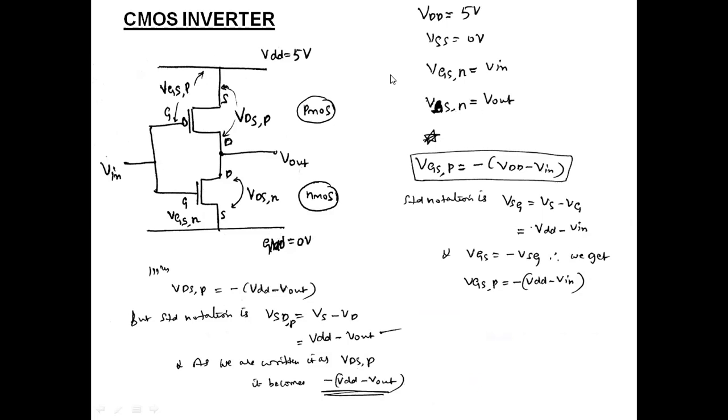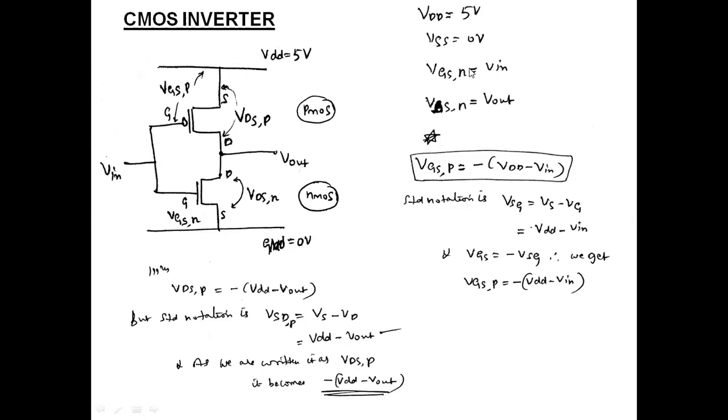From the examination point of view, you need to draw the CMOS inverter circuit having the PMOS and NMOS devices. Do remember that this PMOS is on if this gate voltage is 0. Similarly, NMOS is on if the gate is applied with the high value, meaning logical high or equal to plus 5 volts. So for this particular circuit, let me assume VDD is equal to 5 volts, and VSS is equal to 0 volts, and VGS,N is equal to Vin.